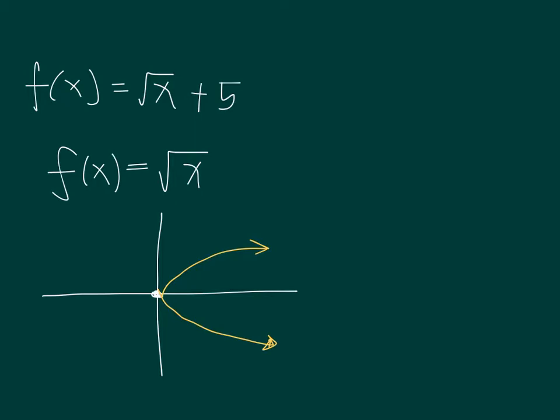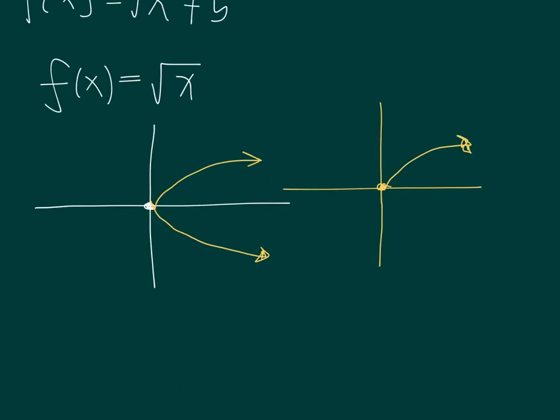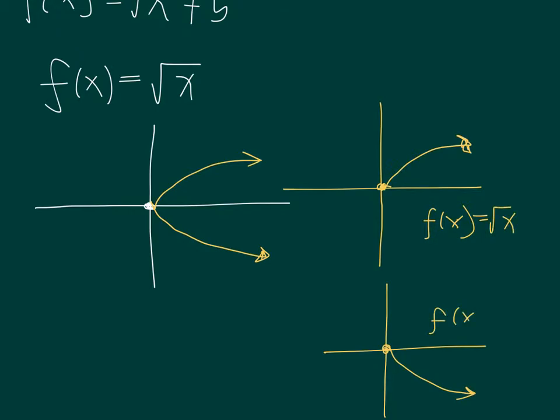Now this will have two different graphs depending on the radical function. So the upper graph is f of x equals the positive square root, and the second graph is when it is negative square root of x.